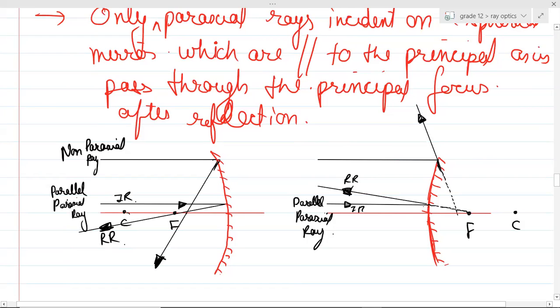So are you getting my point, guys? This is what happens for non-paraxial rays.